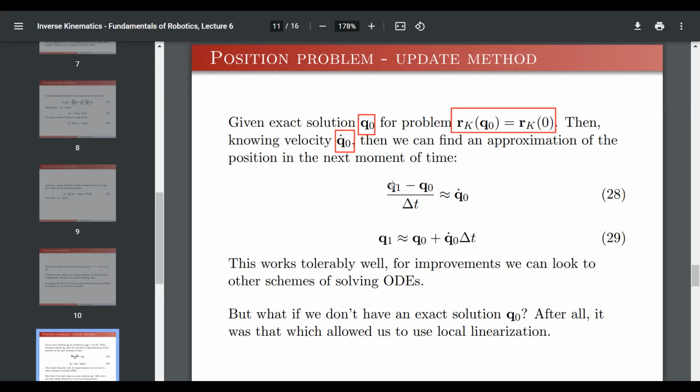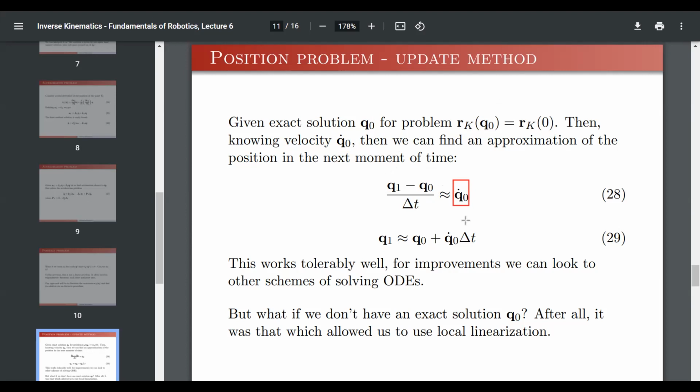Okay. So what we can do here is to say, okay, the difference between next solution and current solution divided by the time that passes should probably be approximately equal to the joint velocities, right?